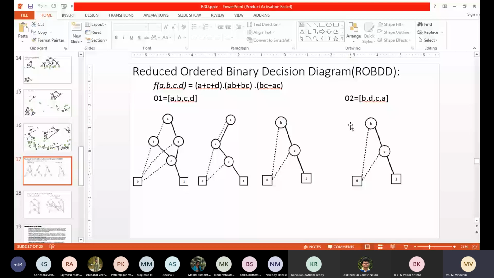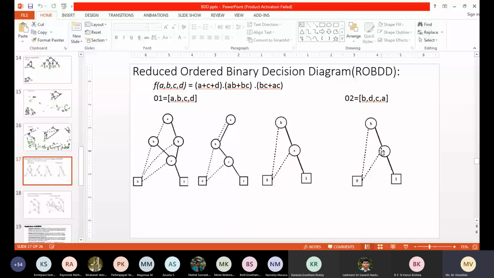Binary decision diagram means this particular diagram; we can say it is a binary decision diagram. But when this diagram is in its reduced form, so that further I cannot reduce it, then I can call this a reduced binary decision diagram. Any diagram like this, generally, I can call a binary decision diagram.